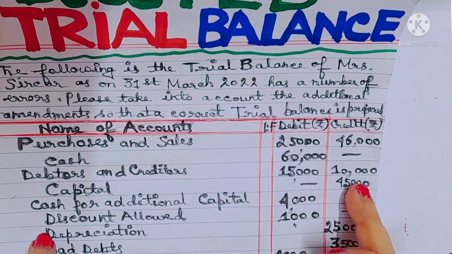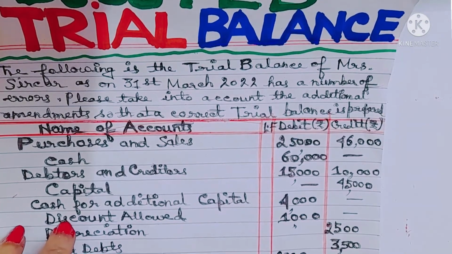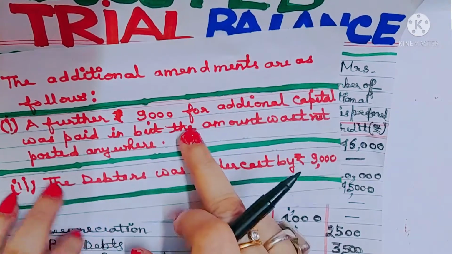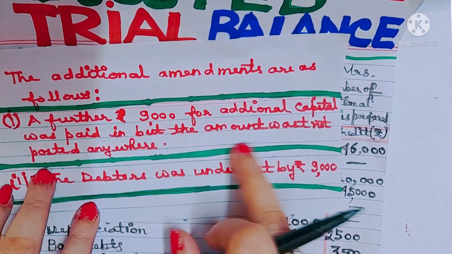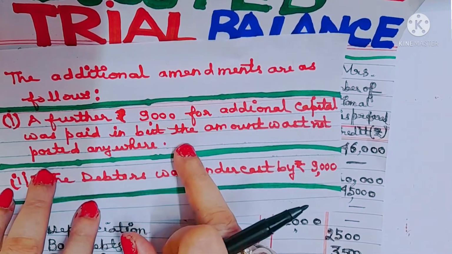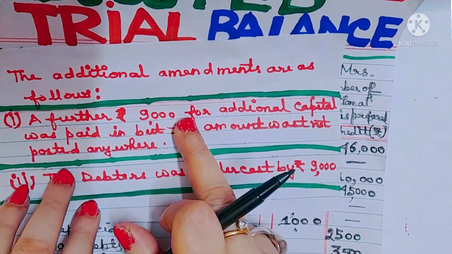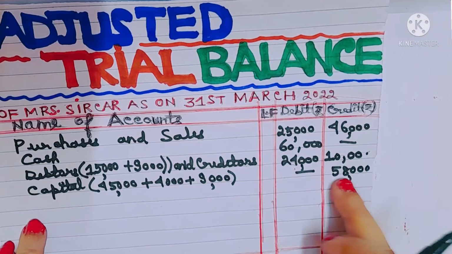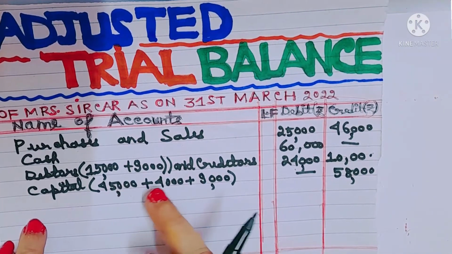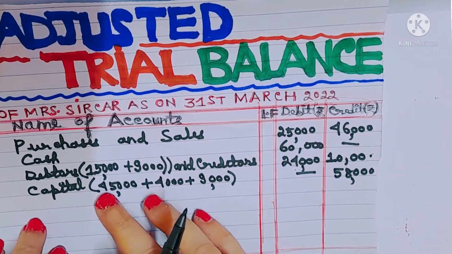So 45,000 plus 4,000 and additional adjustments, which is 9,000 for additional capital that was paid also, but the amount was not posted. So 45,000 plus 4,000 plus 9,000. So total capital brought into the business will be 58,000.